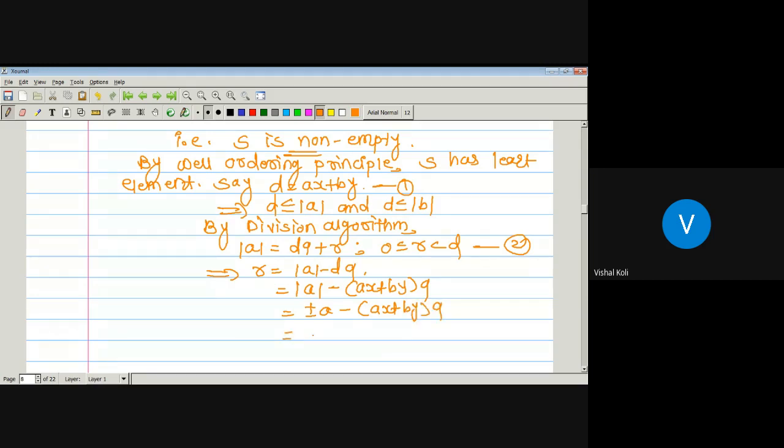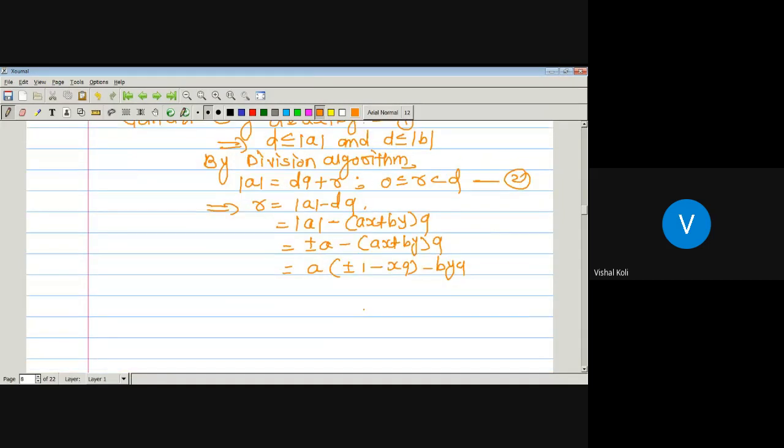But modulus of a is plus or minus a. Taking a common, we get a into (plus or minus 1 minus x into q) and minus b into y into q. That is, r equals a into (plus or minus 1 minus xq) plus b into (minus yq).